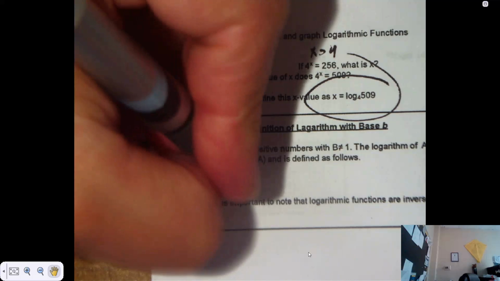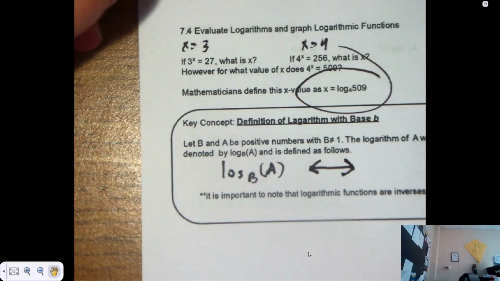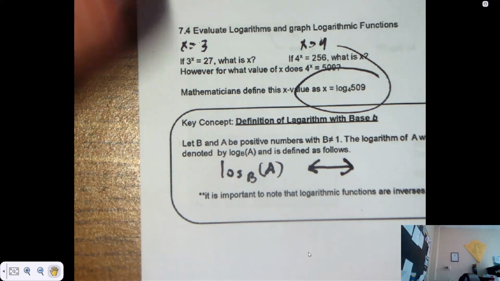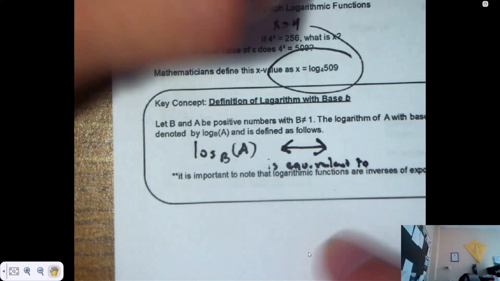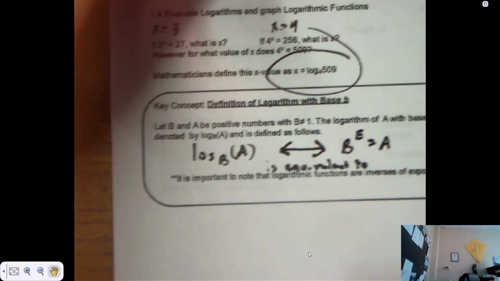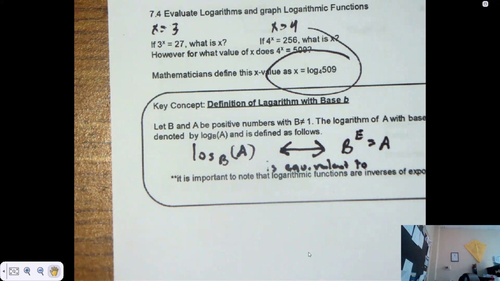The logarithm with base b and argument a, equal to e, is equivalent to b to the e equals a.